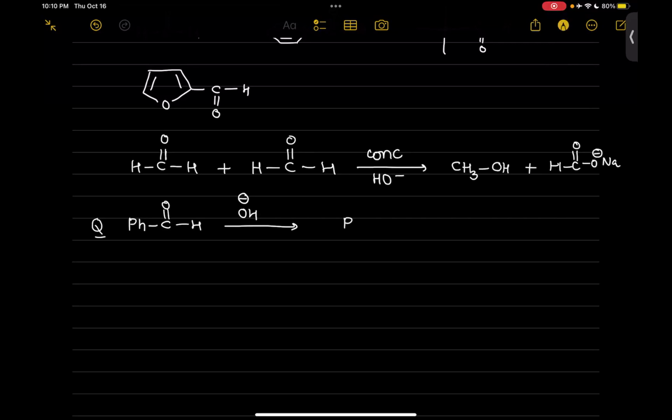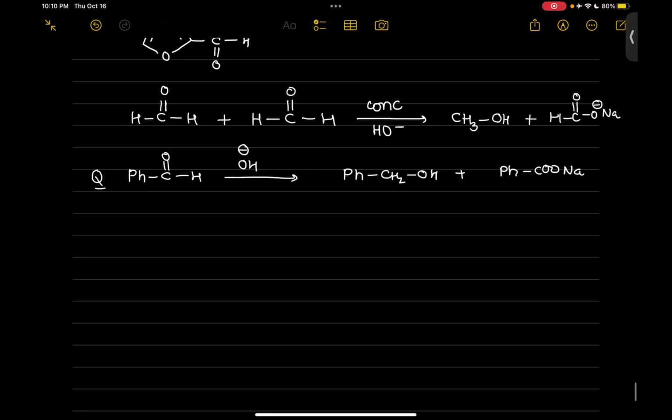In Cannizzaro, we are going to make C6H5CH2OH, benzyl alcohol, and benzoate or benzoic acid. Clear or not? Benzyl alcohol and benzoic acid. So these are the two, very easy to write.